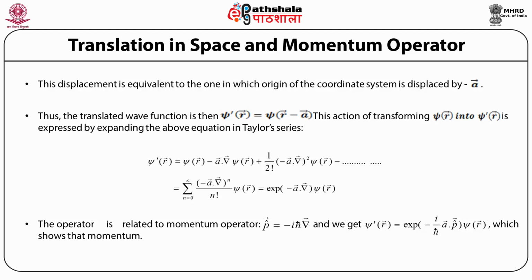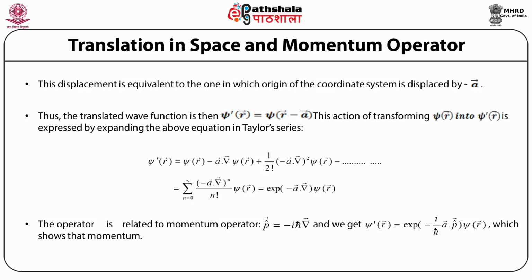Now the del operator is expressed through the momentum operator p, given by operator p equal to minus i h cross del operator, and we get the wave function psi prime as a function of r equal to exponential to the power minus i by h cross times vector a dot momentum operator whole times the wave function psi of r.